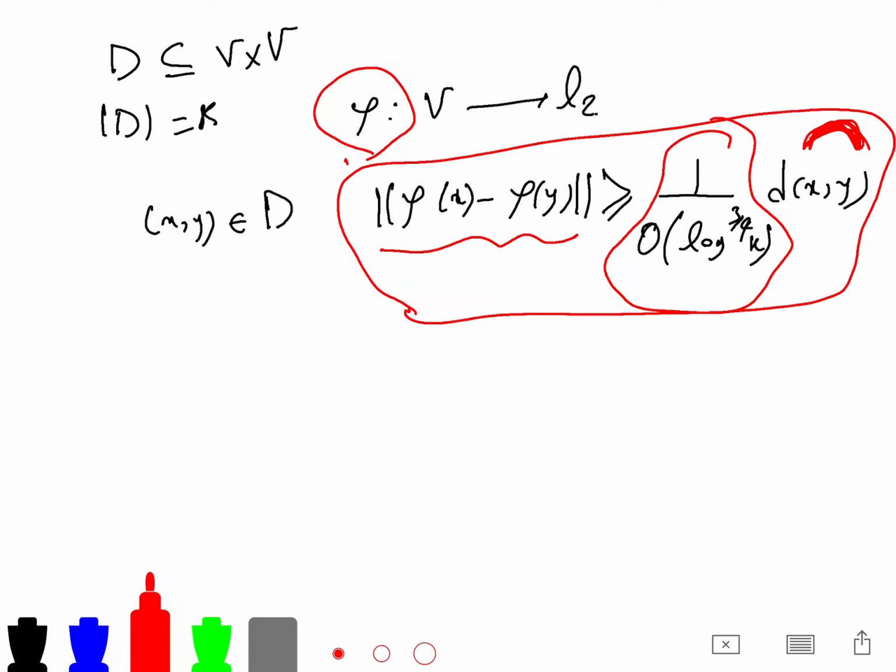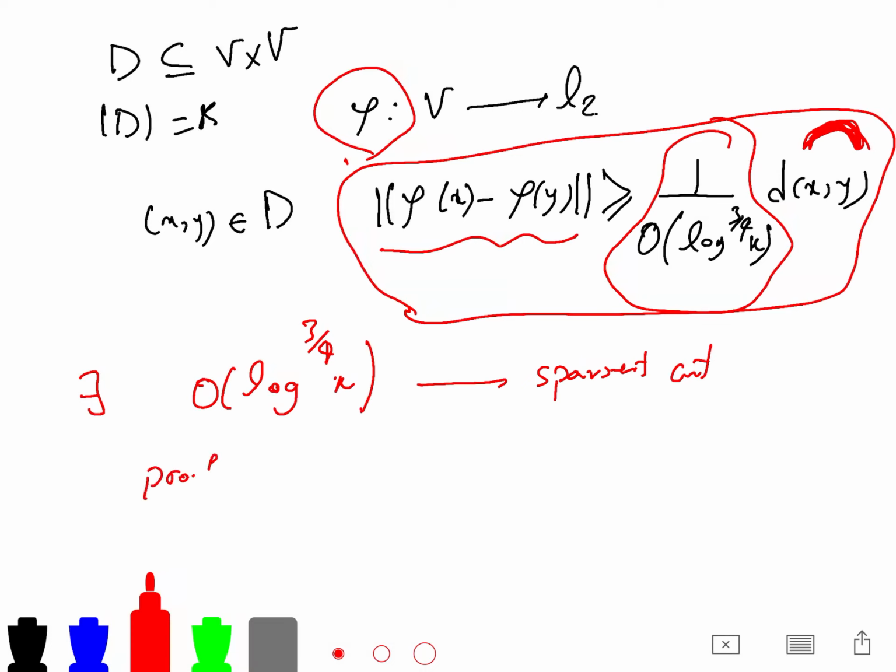Also, there is another theorem that there exists a randomized polynomial-time root log k approximation algorithm for sparsest cut with non-uniform demands. The proof is very simple.